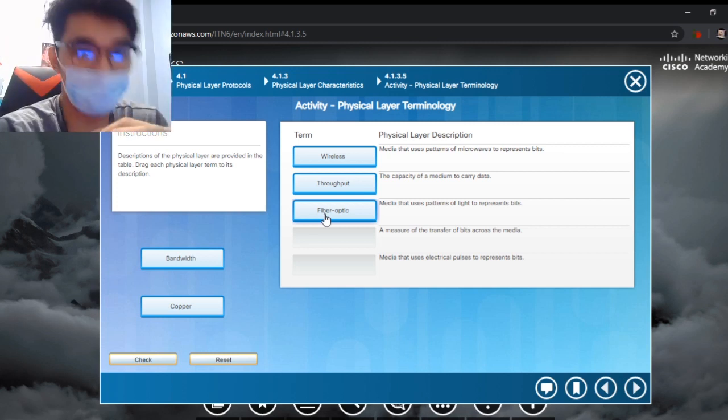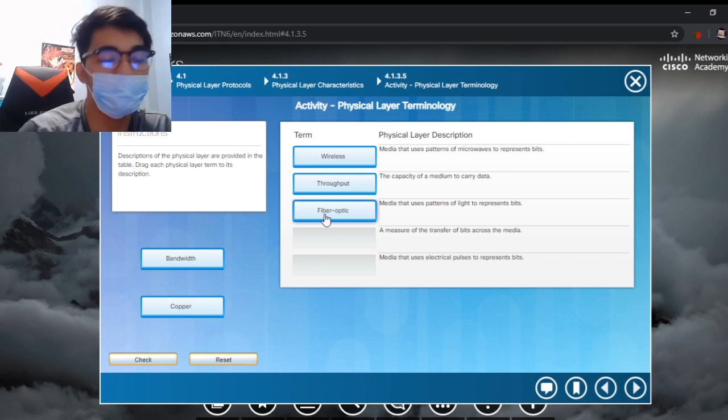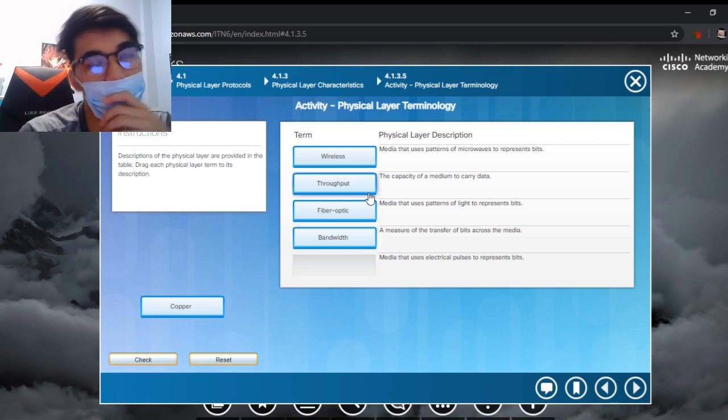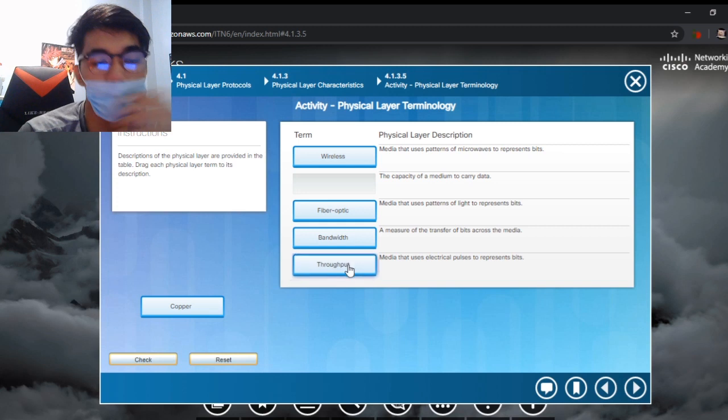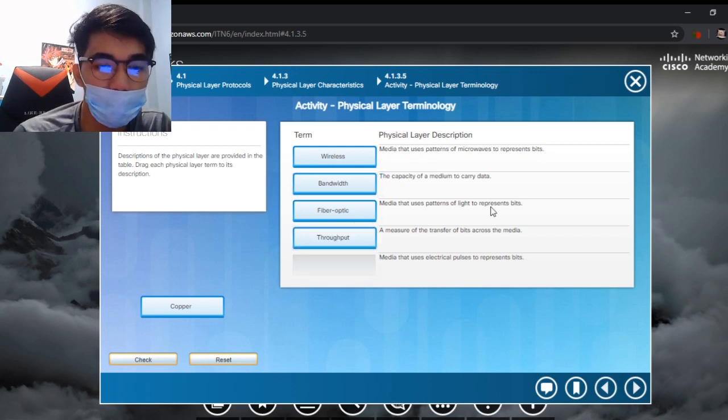Then the measure of the transfer of bits across, that would be bandwidth. Oh, first, wait. Let me think about the throughput and the bandwidth, because those two are primarily similar, I think. Bandwidth I think is for data and the throughput would be for bits.